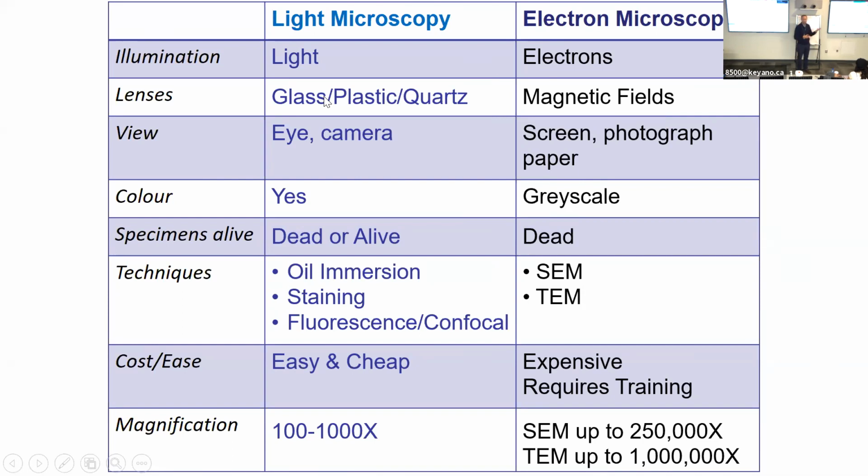We're talking about usually people with grad school experience. And what kind of magnification? So SEM up to 250,000 times, TEM up to 1 million. I think actually there are some newer microscopes that can do 2 million. It's really incredible. And the key thing is we can see viruses now. So we can actually understand a little bit about virus biology, or at least enhance our understanding using electron microscopes.